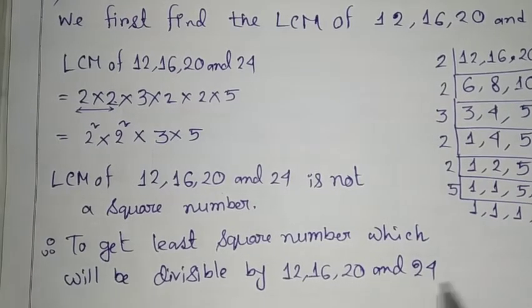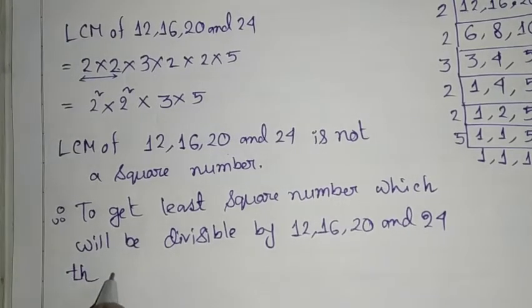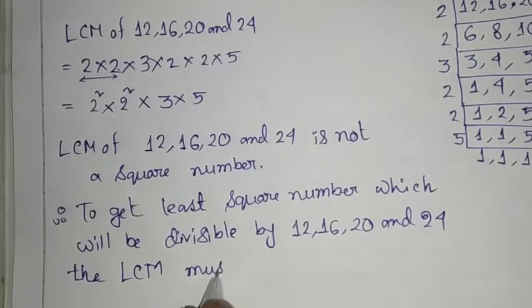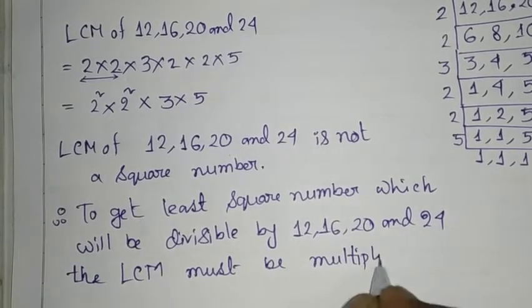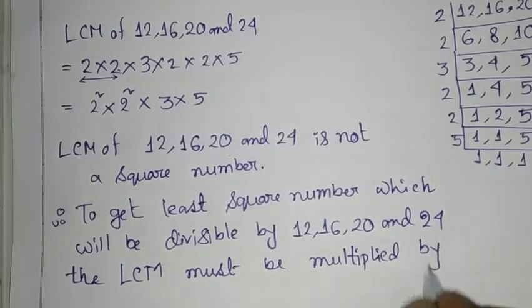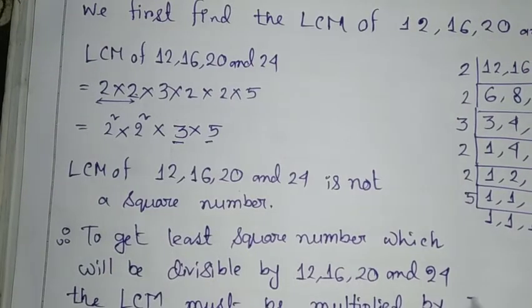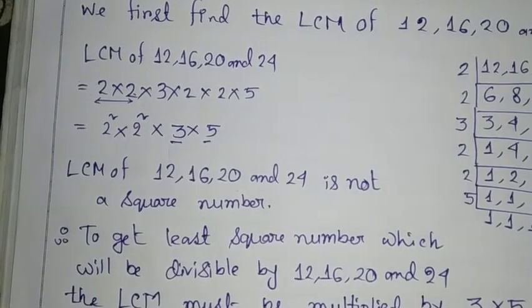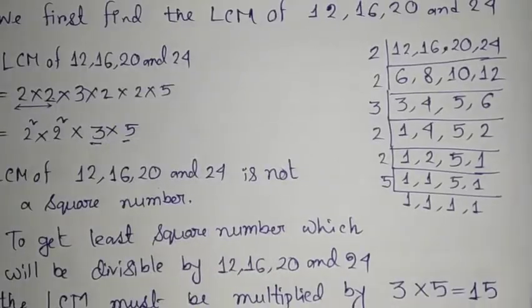What we need to do? The LCM must be multiplied by which numbers? 3 and 5. By 3 into 5, that is 15. You can directly multiply the number with 15 also.